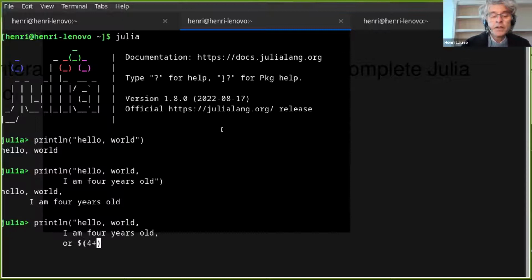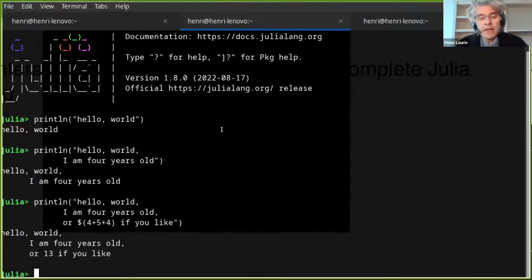It was 4 years from the start to the launch of version 0.0.0, then 5 years to version 1.0.0, and then another 4 years to today, which is version 1.8. So that's what it's like to interact with the Julia command line.